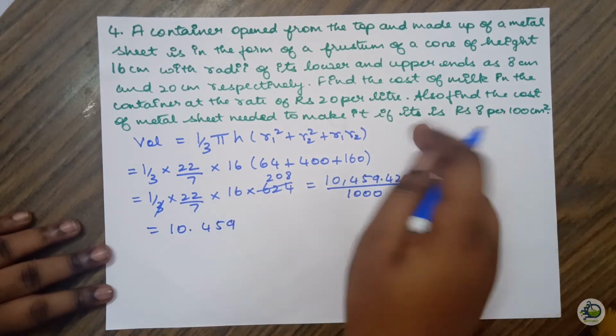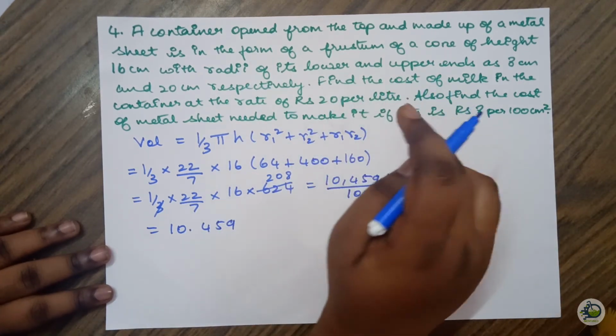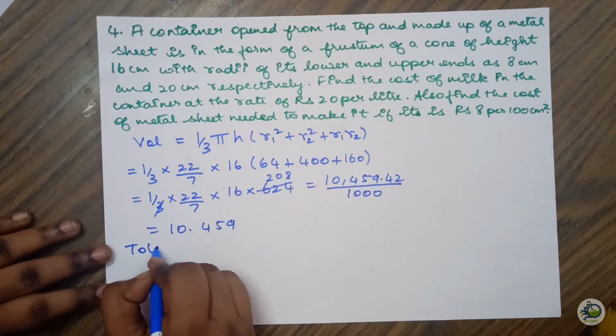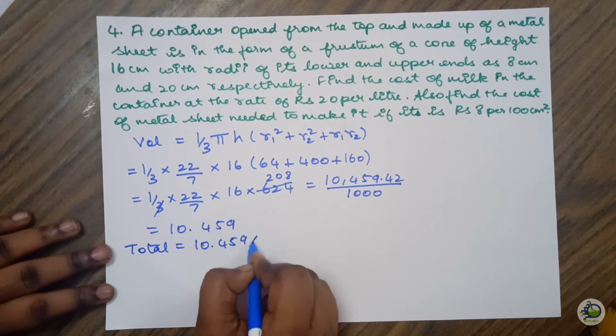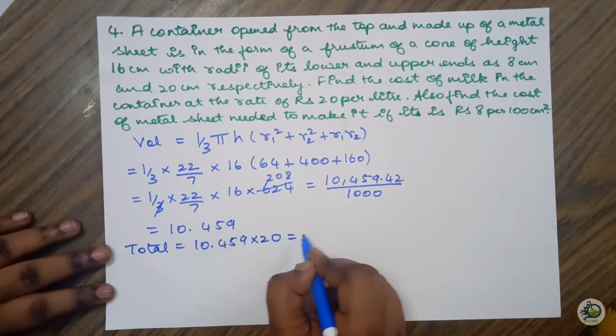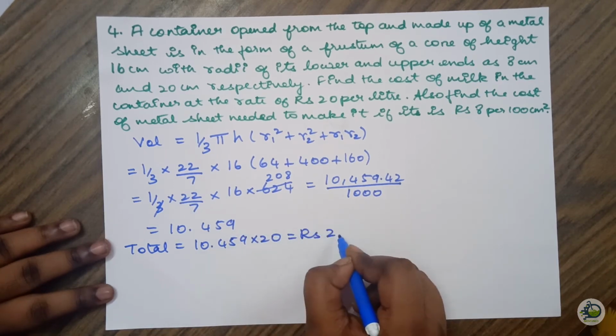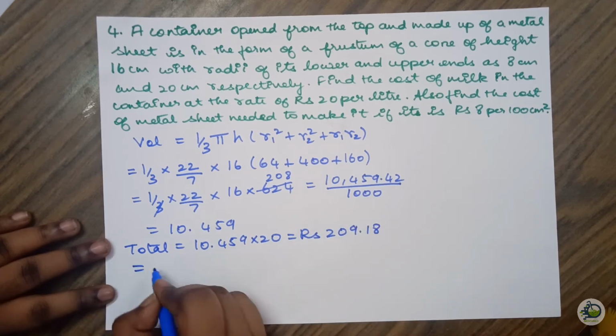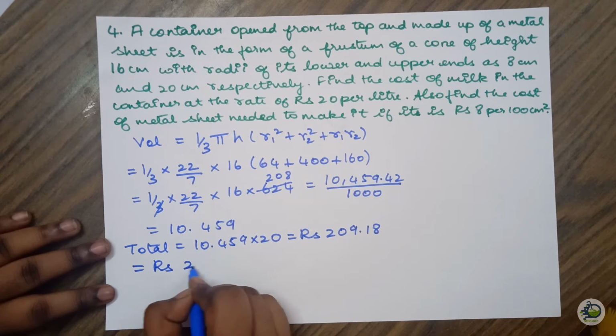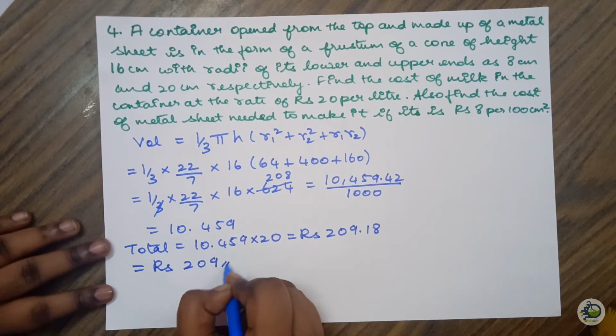It is given that the rate is 20 rupees per liter. So the total cost is 10.459 into 20, which is rupees 209.18, which we can approximately round off to 209 rupees.